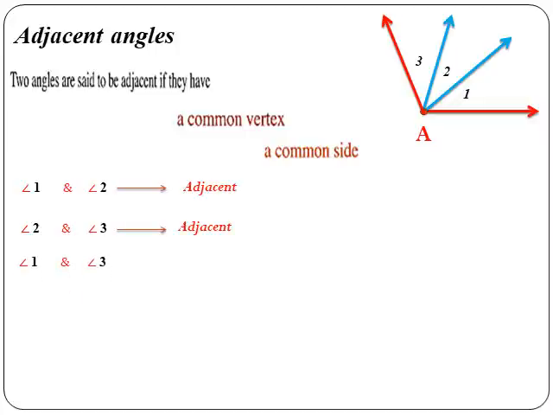Angle 1 and 3, adjacent or not adjacent? Yes, it is not adjacent. Wonderful. It is not adjacent because 1 and 3 have the common vertex but not the common side. And they are not next to each other.